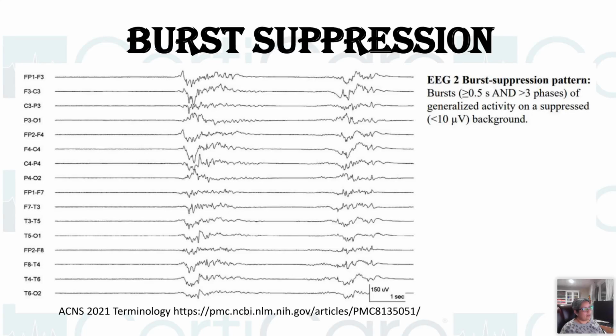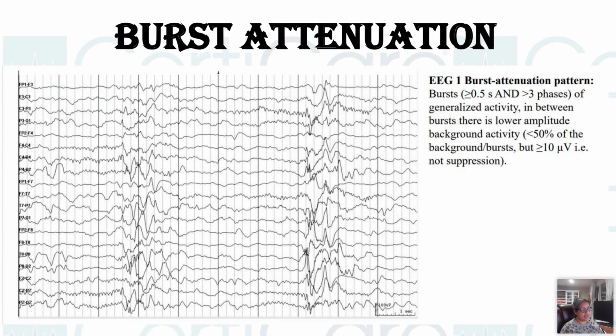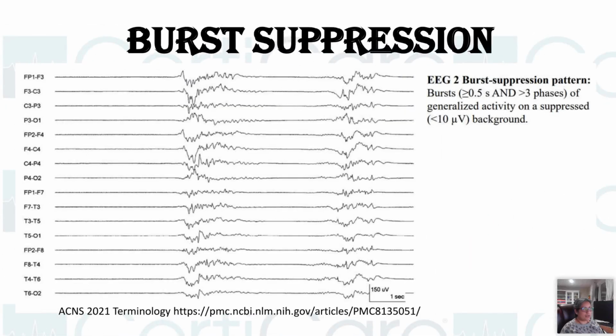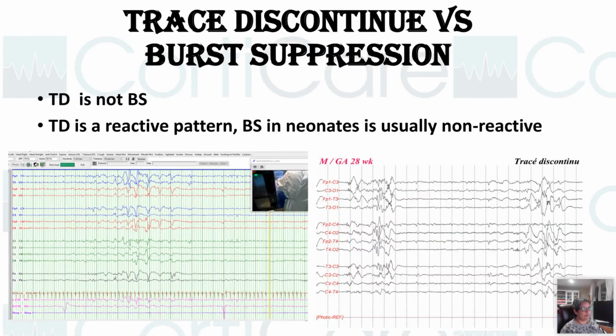Just to compare this epoch of burst suppression with burst attenuation: what you are seeing in between the high voltage bursts is attenuated voltage, attenuated background, which is more than 10 microvolts. So we are not going to call it burst suppression. We're going to go back. So here there is a suppression of activity, and here we have attenuation of the background voltage, background frequencies.